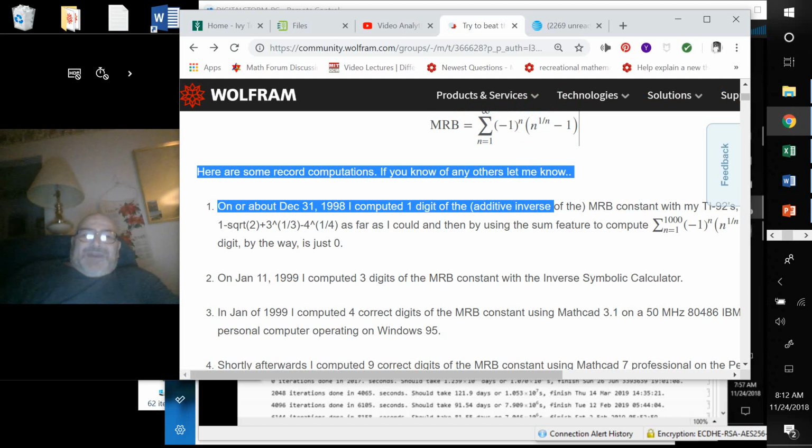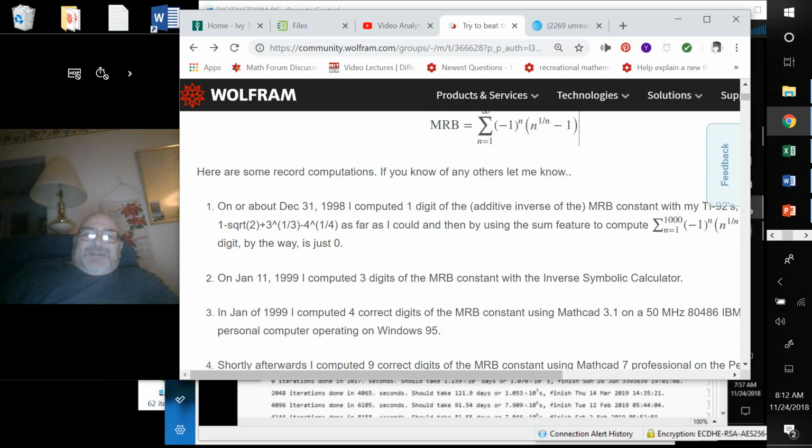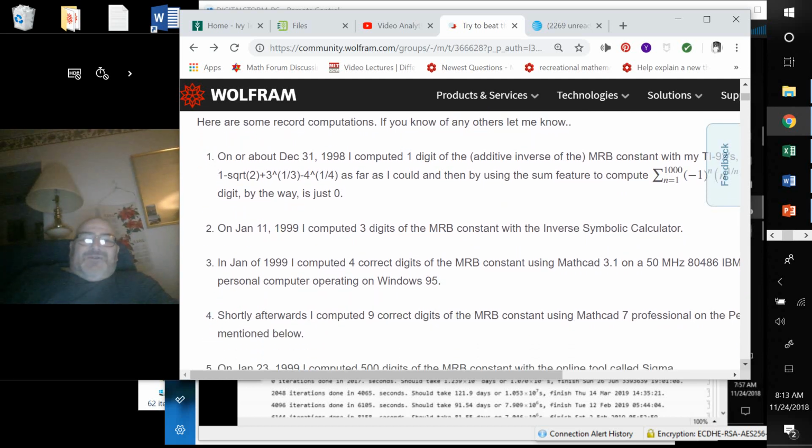I had it do that, and I got 4 correct or consistent digits. You get approximately n digits with 10^n iterations. So that would be 10, 100, 1,000, at least 10,000 iterations, and I got 4 consistent digits.